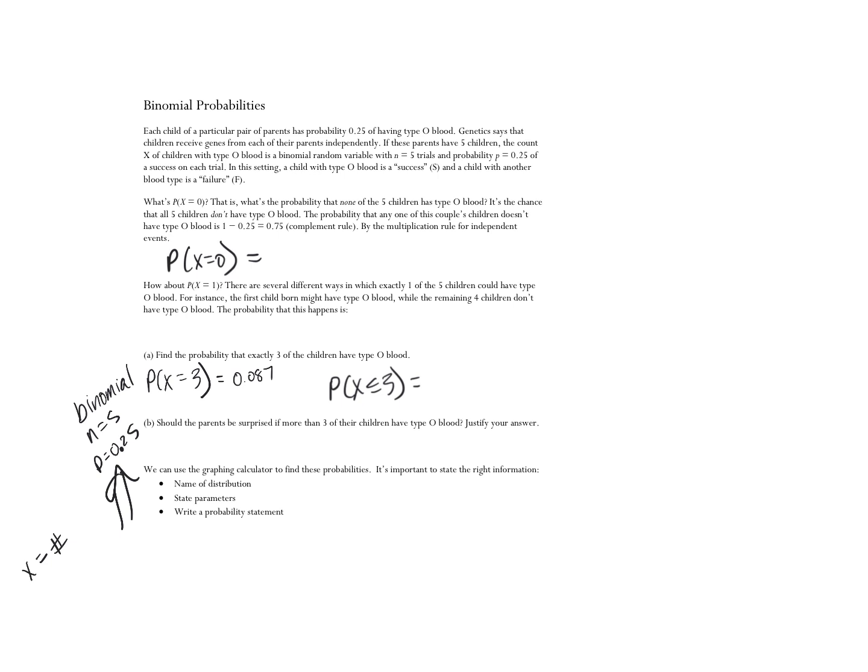Yeah, but in general, in this case, it's the number of kids who have type O blood. Okay? In general, X, my variable in this case, is my number of successes. Is everybody good? Okay? All right, so what is the probability of less than or equal to 3? Well, one way we could do that is we could say, what's the probability x equals 0 plus the probability x equals 1 plus the probability x equals 2 plus the probability x equals 3. We could add all of those up, yeah?